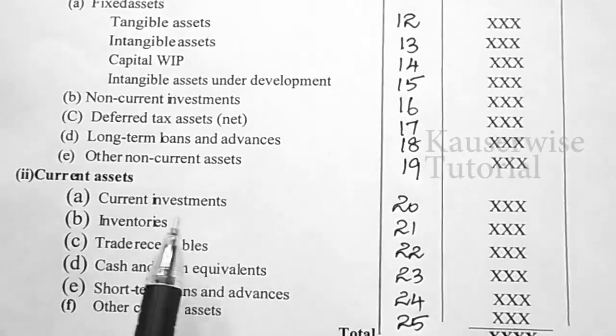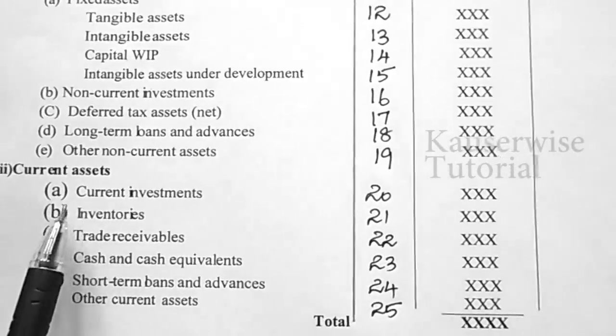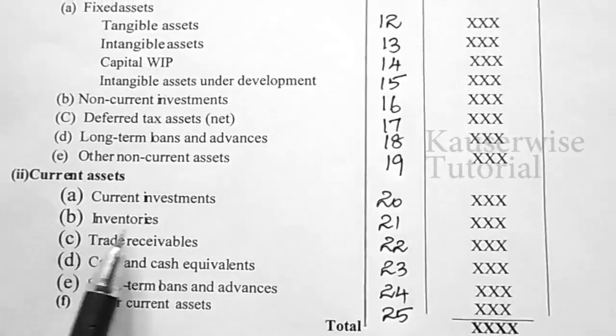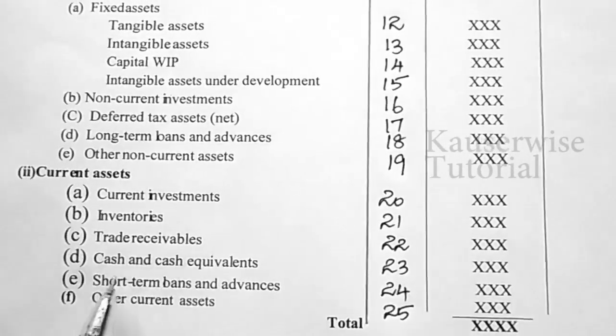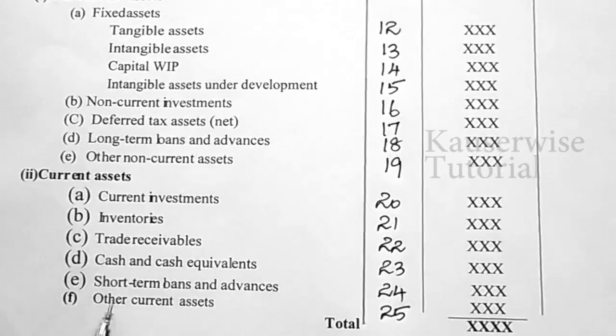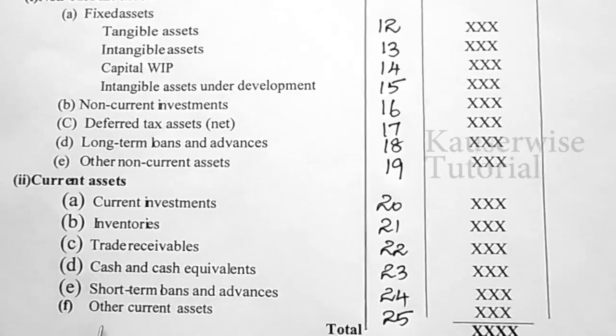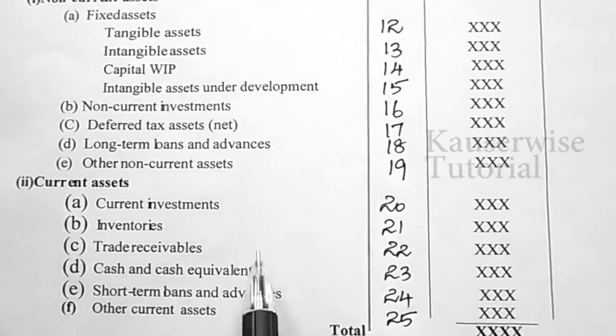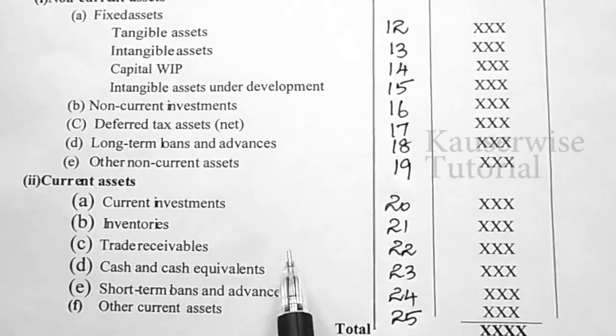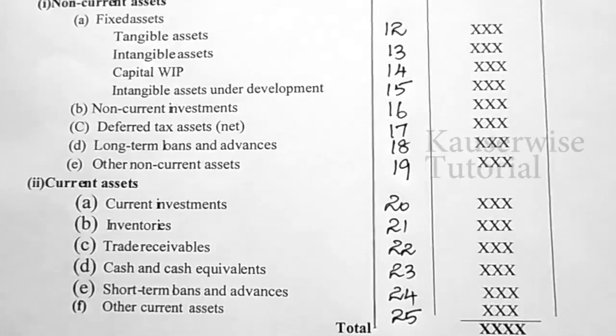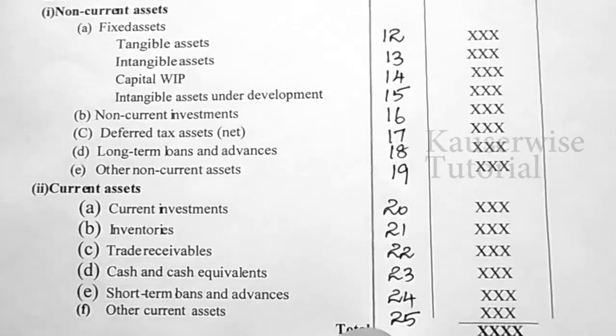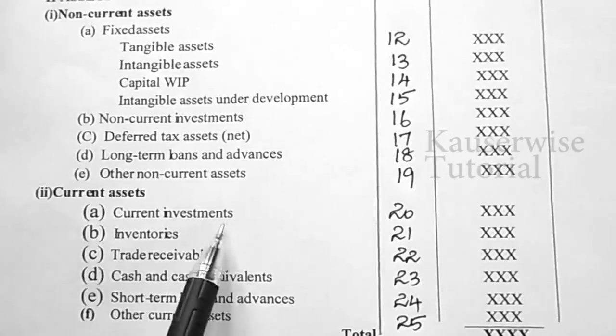So in current assets, again we have different components. First one is current investment, inventories, trade receivables, cash and cash equivalents, short-term loans and advances, other current assets. So these are all current assets, which can be easily converted into cash within a short period of time. The first one is current investments.